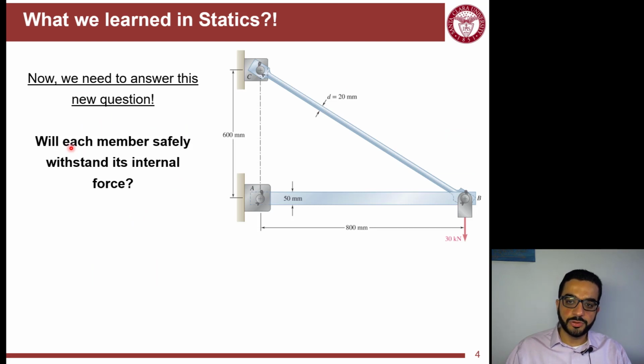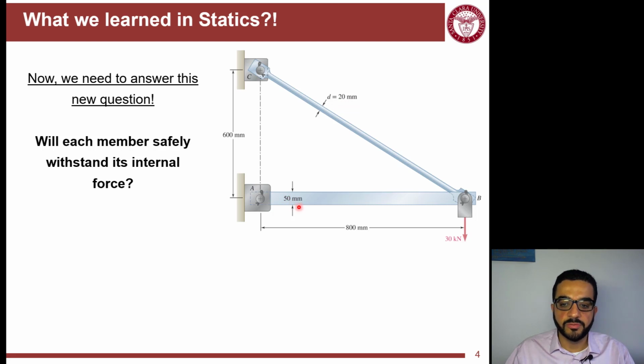Now we move to another phase, which is trying to answer a new question. The question is, will each one of these members be able to withstand the internal forces acting on them? As two force members, we only have compression and tension. But the question is, is this cross section with a diameter of 20 millimeters enough?